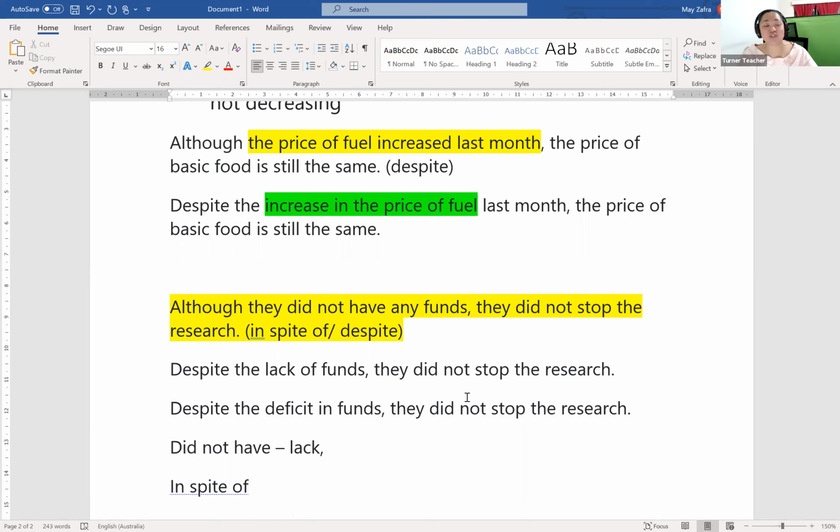Despite the price have been lowered, it shouldn't be the price. It should be the lower. So it's not the lower, but the word has to be a noun.